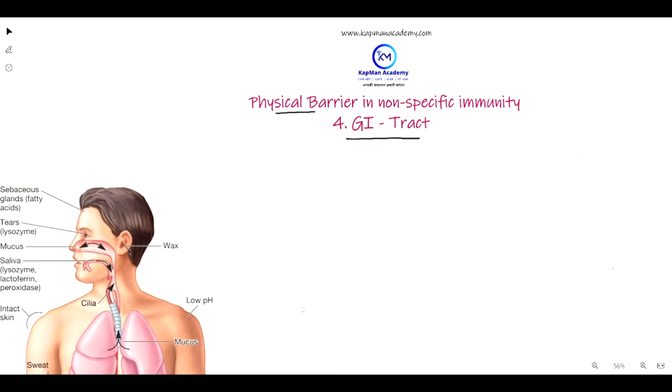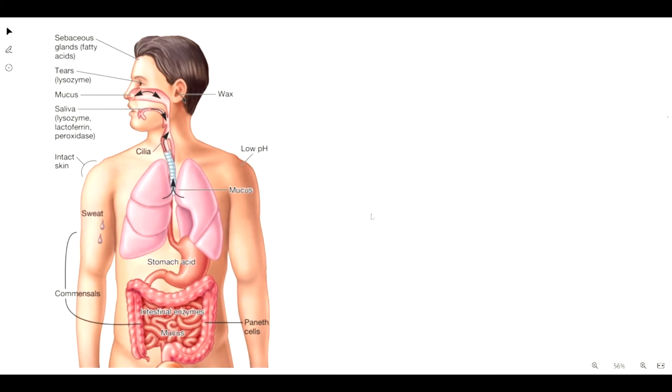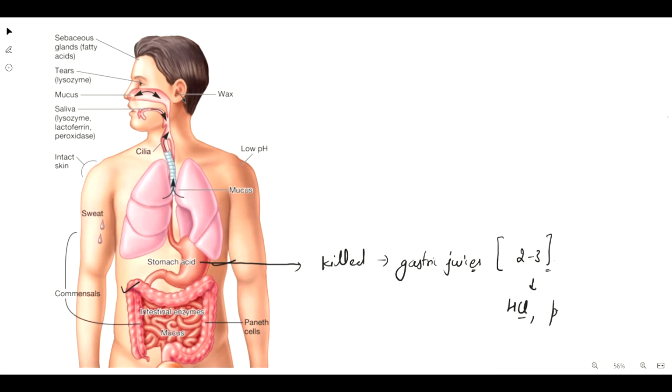So as we already know, your GI tract is composed of the mouth, the stomach, small intestine and the large intestine, right? So when the microbe enters the host body, it first reaches the stomach and there it gets killed by the gastric juices, due to the highly acidic pH, which is 2 to 3 and contains HCl, proteolytic enzymes, and mucus.